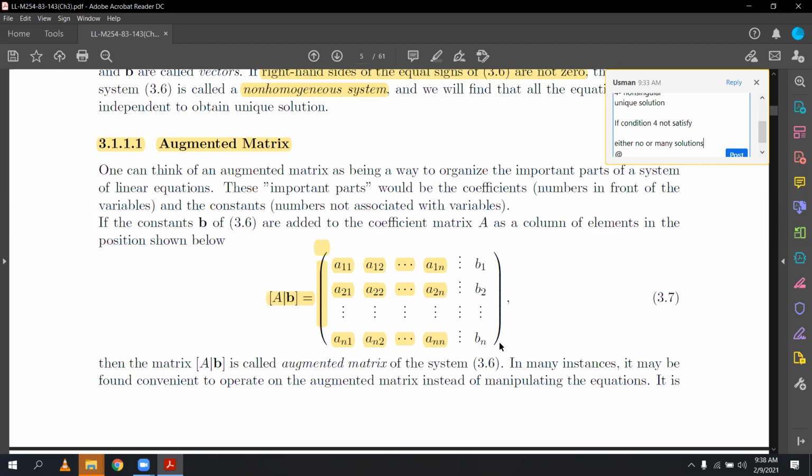How many columns do we have? n+1, because this gives you n rows and n columns, first column, second, third, fourth, up to the n-th column. We make one extra column because B is the column matrix here. So the size of the augmented matrix is always n cross n+1.